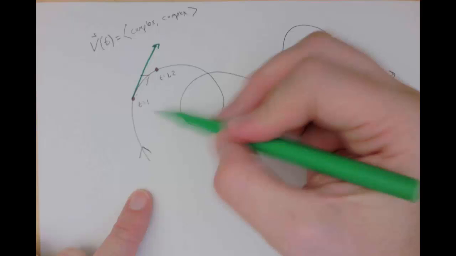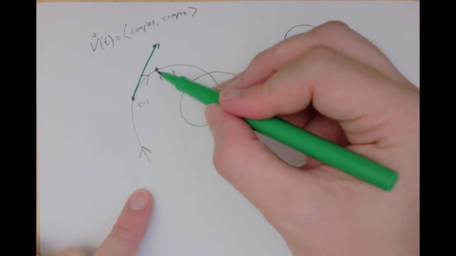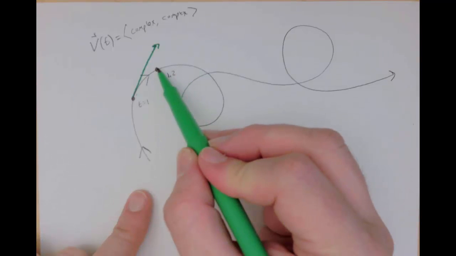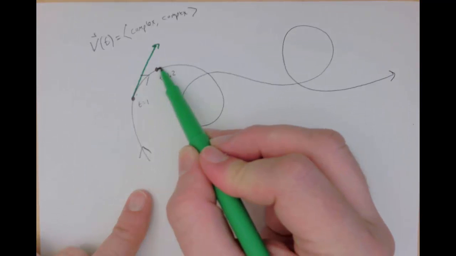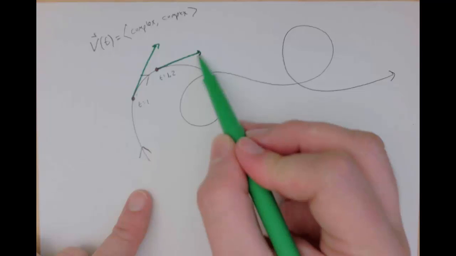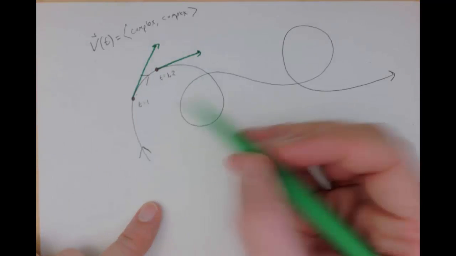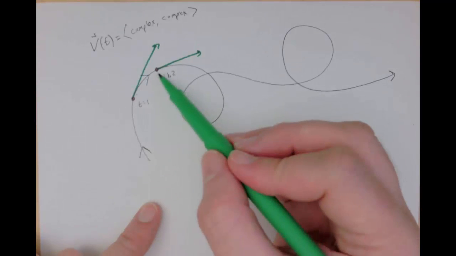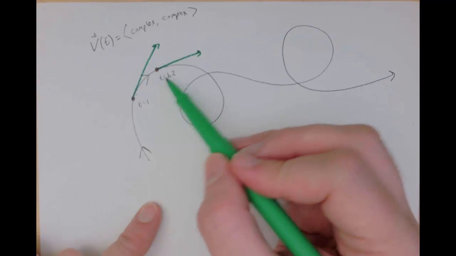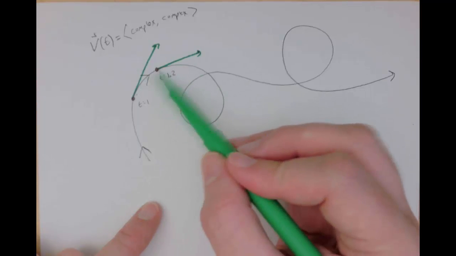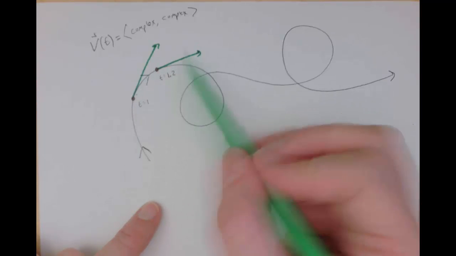And then let's look at a little while later. So at time equals 1.2, I'm right here. And same idea. If I stop turning and instead I just keep going in the same direction I was moving in at that moment, it would be a straight line. So the lesson here is velocity vectors show the speed and the direction that we're moving. And right now we're not talking about speed yet, we're just talking about direction.